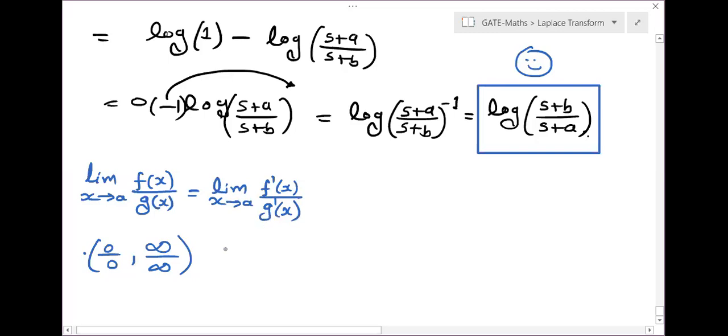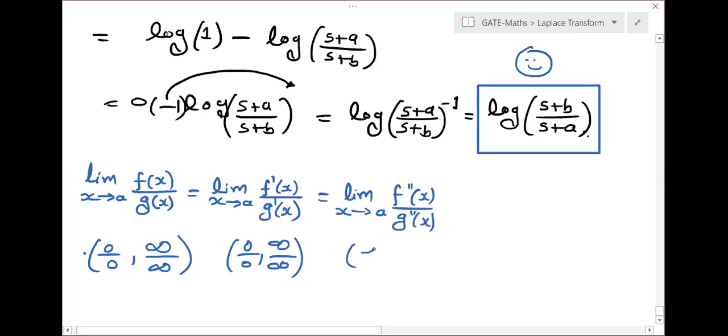Now again putting your limits, if it gives us 0 by 0 or infinite by infinite form, then you can find its differential again. And if it repeats once again, remember, definitely it is going to give you only one out of these two values, then we will do its differential again, right? And so on, we will continue.